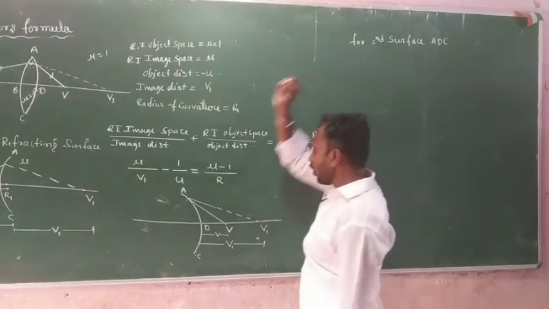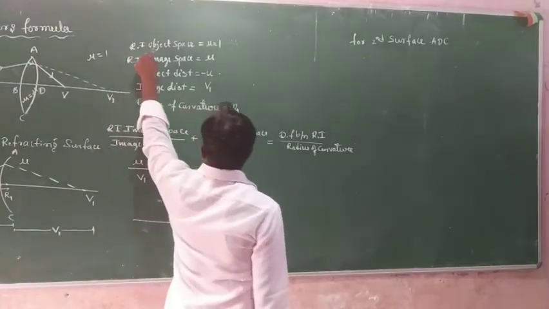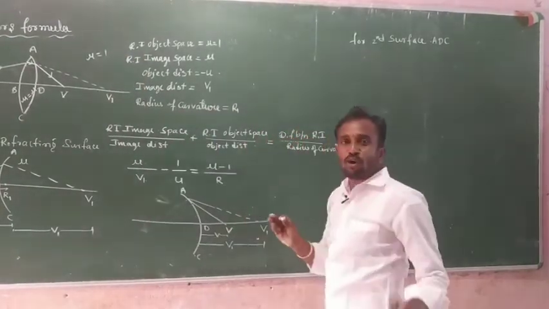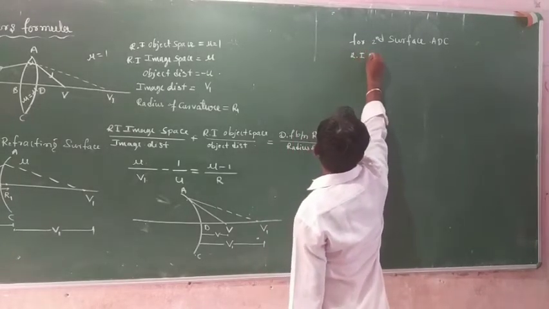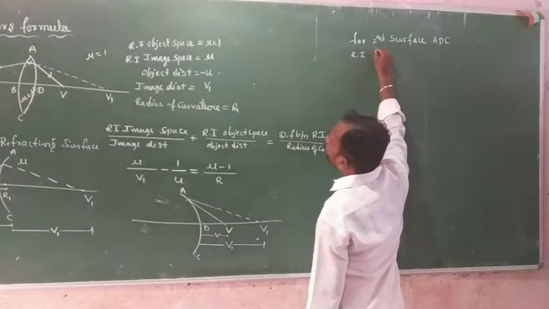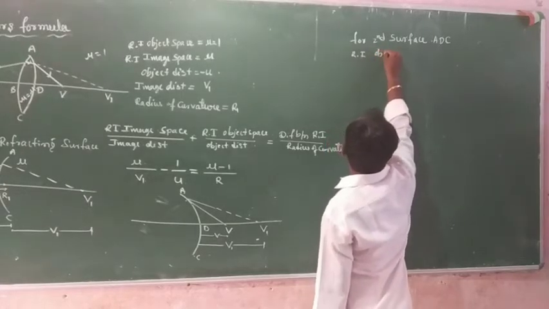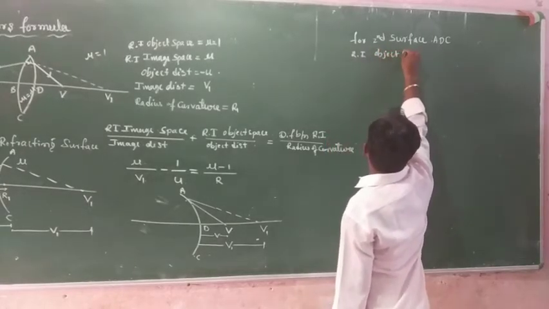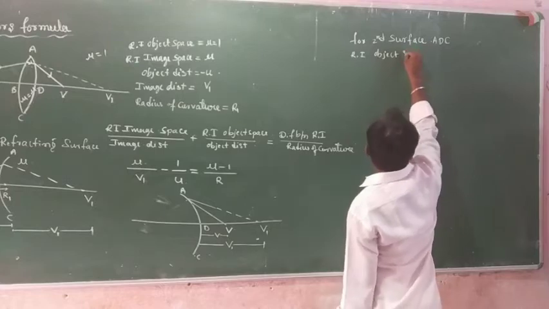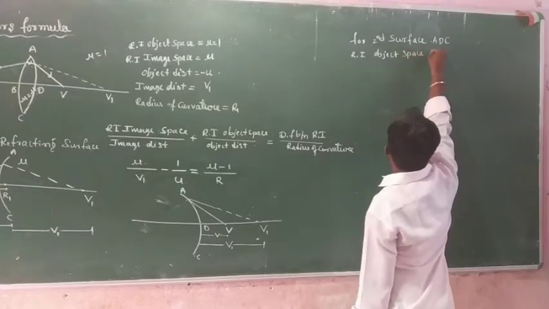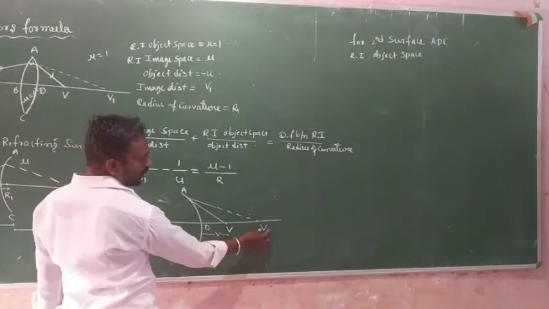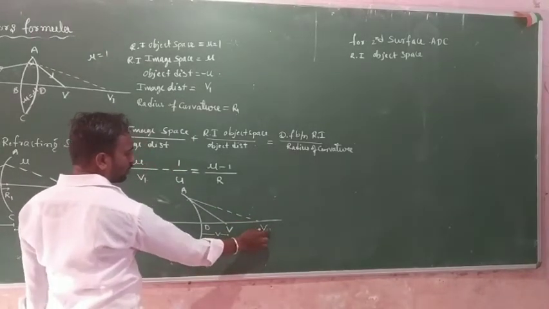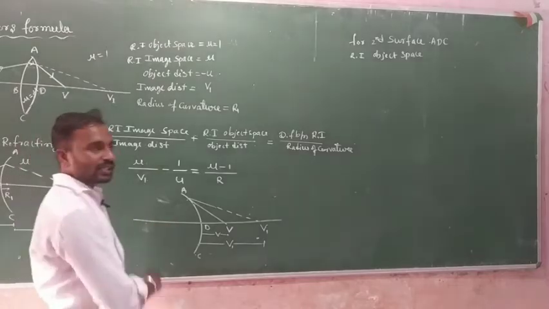Okay, so here the refractive index of the object space. So this one is the object, it means the virtual object. It is present in a glass media.